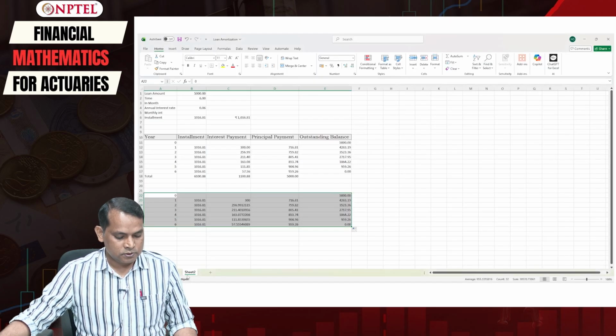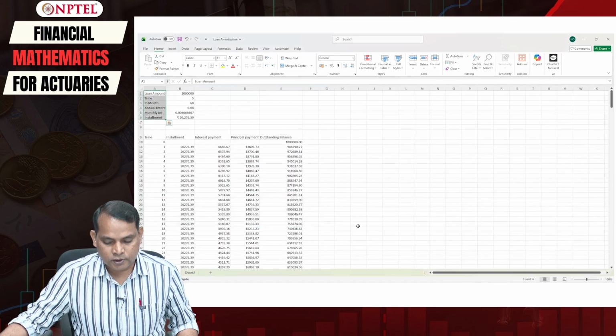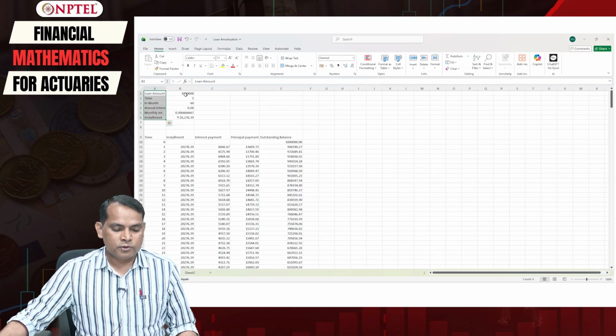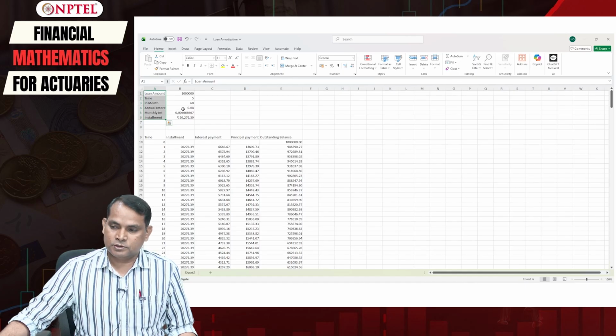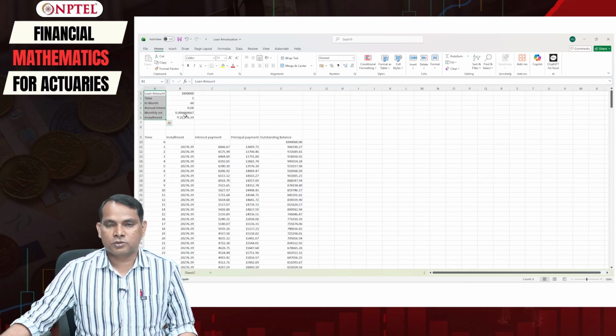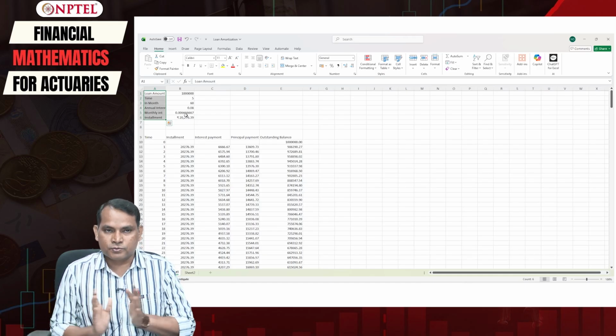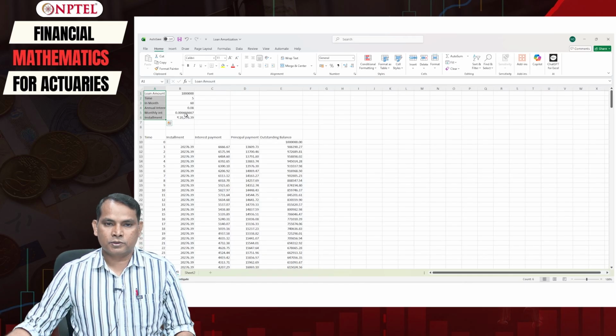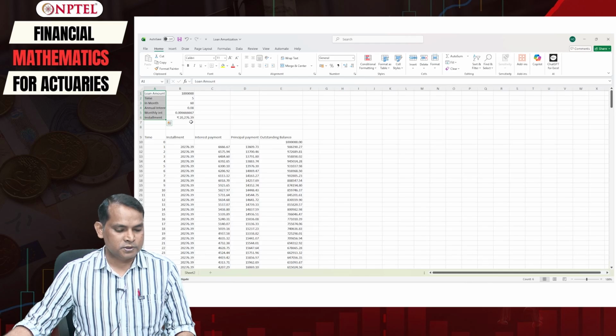So take this. Look at here, if the loan amount is 10 lakh rupees, suppose imagine that you have just taken a loan amount of 10 lakh rupees to buy a car, for example, and you want to repay it within 5 years, and therefore the time period is 5 years with the rate of interest 8% per annum.